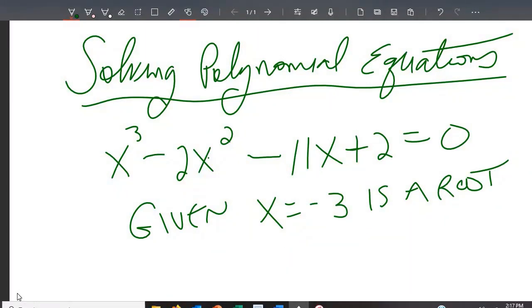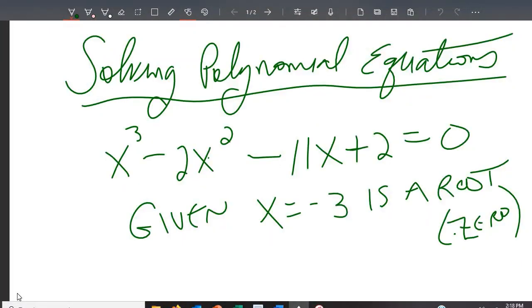Now remember, the word root also means 0. And we use synthetic division to help us solve this. So let me do this one more time just to make sure you remember. We bring down the coefficients: 1, -2, -11, and 2.